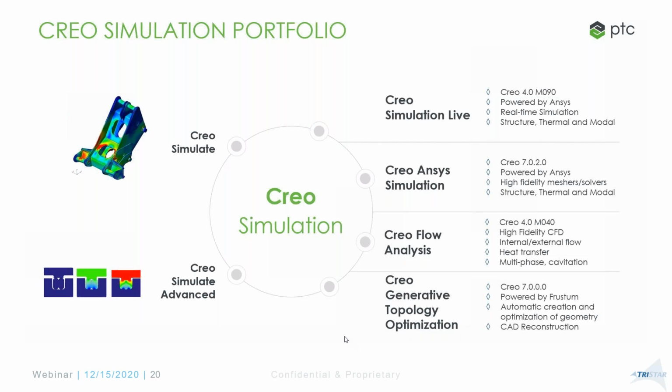That's the goal here, right? As your design progresses through the design process, you might need a different tool when it's just before releasing, versus in the initial stages where you do a lot of what-if scenarios. You keep changing. You're in your ideation stage, or I would say design exploration stage. You need more of Creo Simulation Live, right?